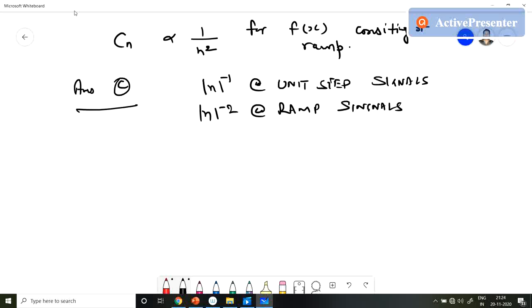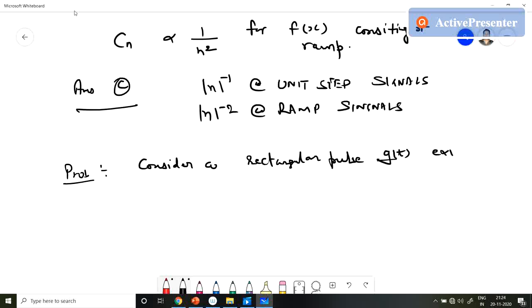Let us solve another problem. So the problem is, consider a rectangular pulse g(t) existing between t equals minus T by 2 and plus T by 2.